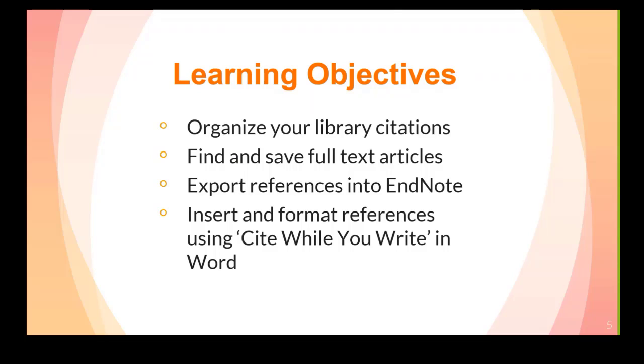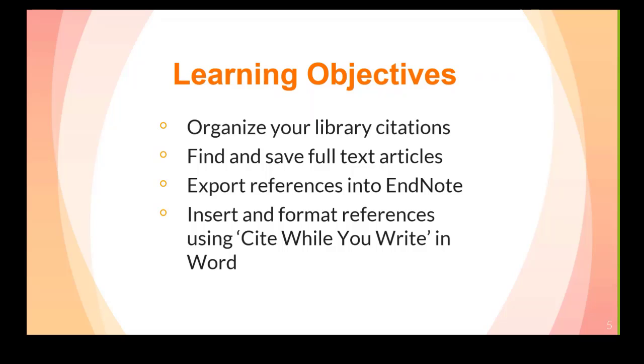By the end of today's class, you'll be able to organize your EndNote library citations, find and save full text articles, get references into EndNote, and insert and format references while using the Cite while you write function in Word. Do we have any questions about what we'll be covering in today's class?